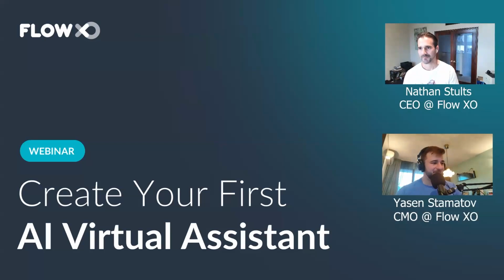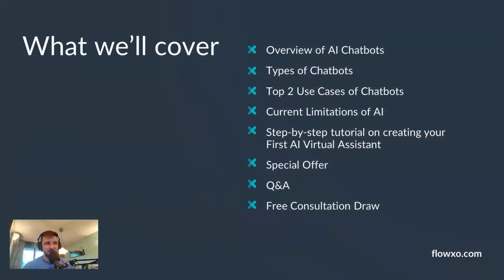Nice, thank you. So with that said, I think we are ready to just begin. We'll start with a quick overview of what we are about to dive into today. First, we will go through an overview of what AI chatbots are. We will discuss the different types of chatbots. Then we'll go through the top 2 use cases of chatbots. We will discuss something very important, which a lot of people miss, and it is the limitations of AI and how to actually overcome these.